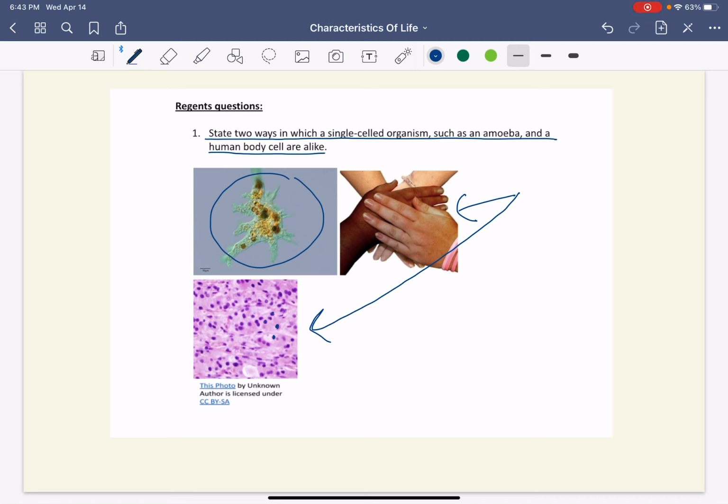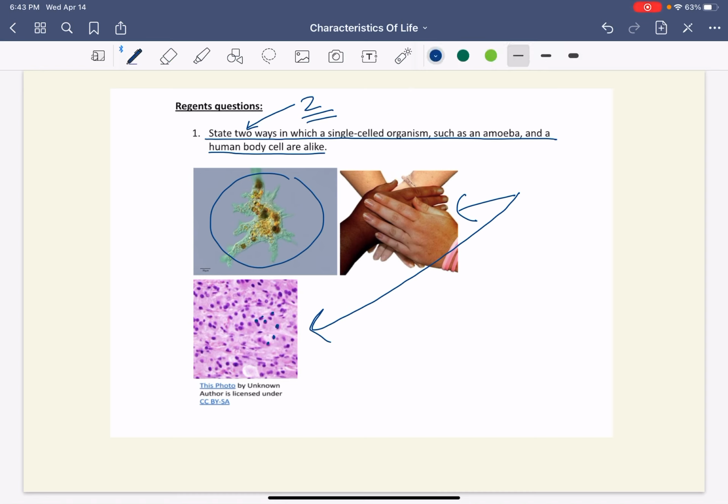These are all skin cells, and this is a microscopic view. So it's asking, state two ways. This is very important on a Regents exam for you to actually give two answers. If you only give one answer, you get the entire question wrong. And you don't want that. You want to be confident and answer with two answers.